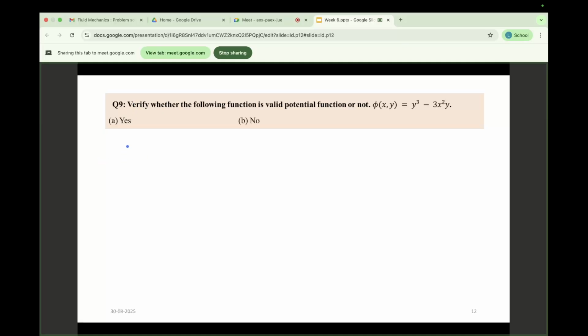If the velocity potential is given, I can find out this u and v, right? So what is u? U is the derivative of this potential function with respect to x. If I differentiate it with respect to x, the first term should be 0 and for the next term I will get minus 6xy, right?